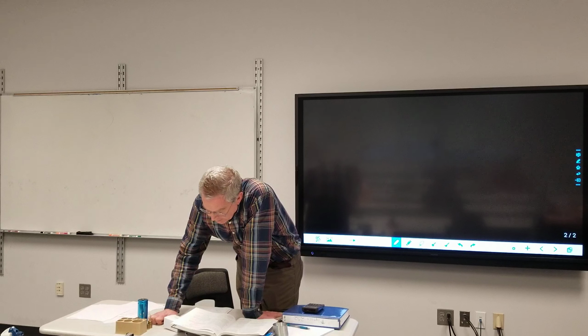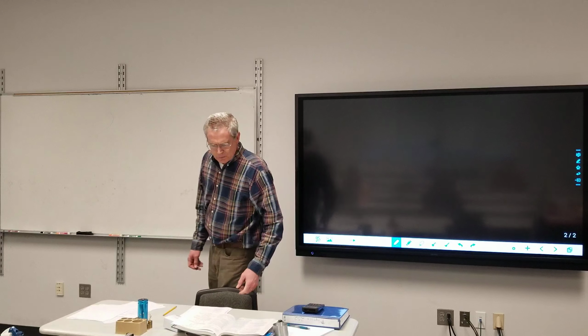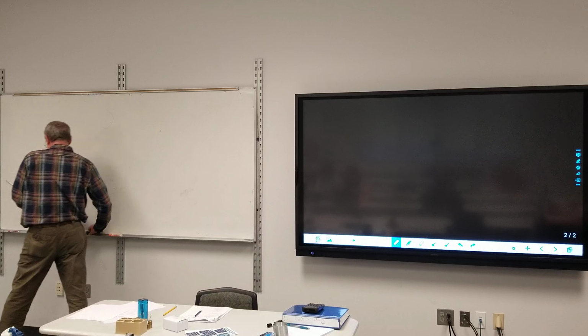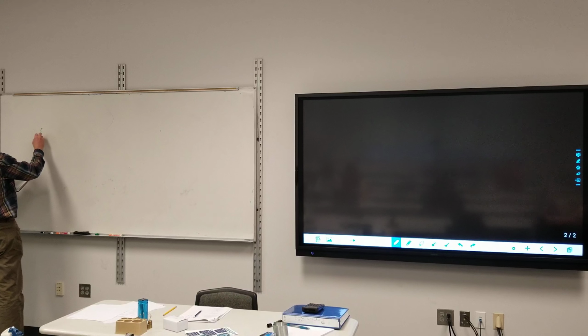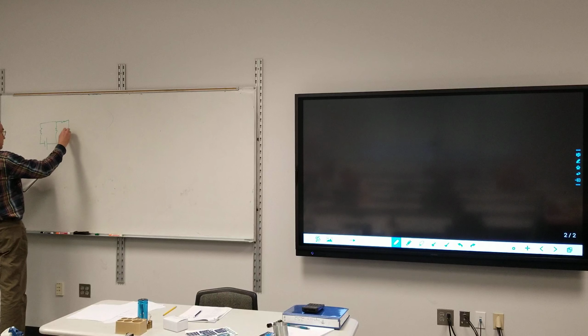All right, so we have... The way I'm gonna remember, let's actually bring it up. So 44, we've got resistor, power supply, resistor, power supply, resistor.